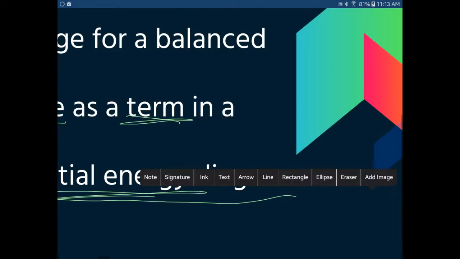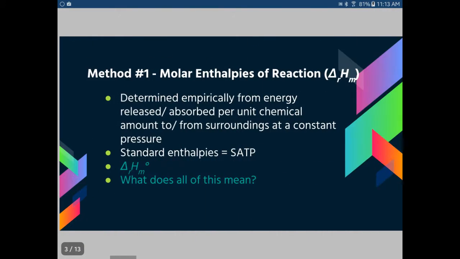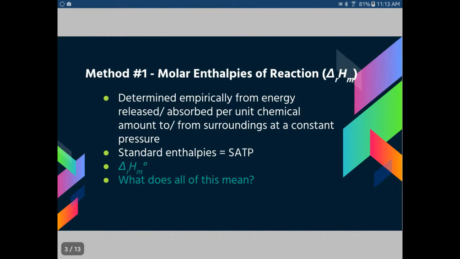Okay, so the first method is by understanding the molar enthalpies of a reaction. This is determined empirically, in a lab setting, from energy released or absorbed per unit of chemical amount, so per mole, from the surroundings at a constant pressure.